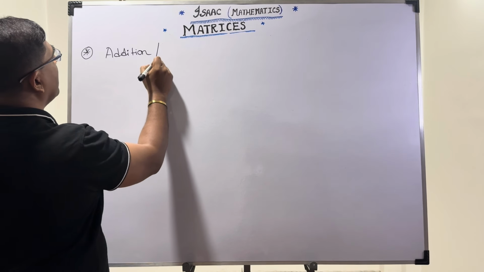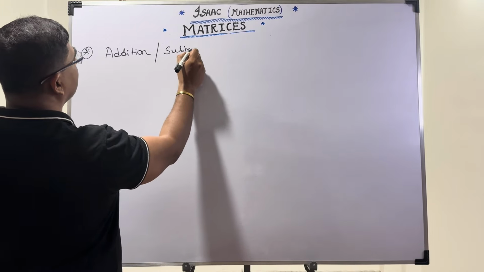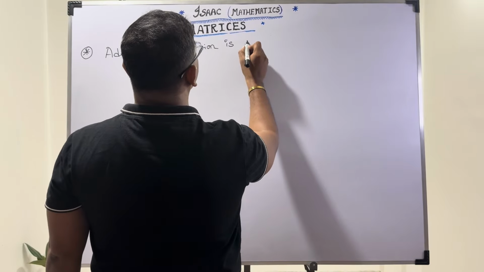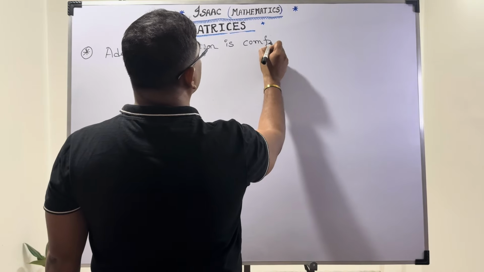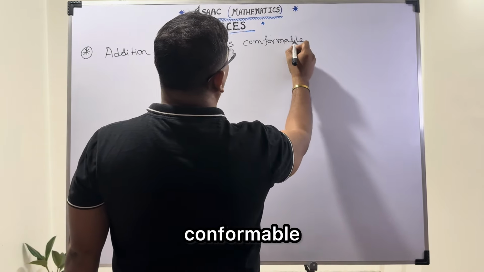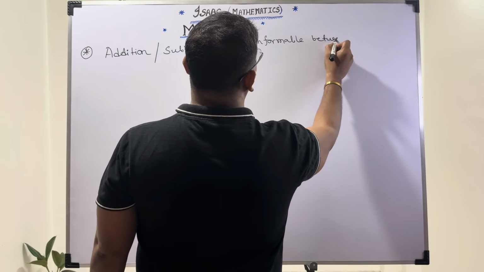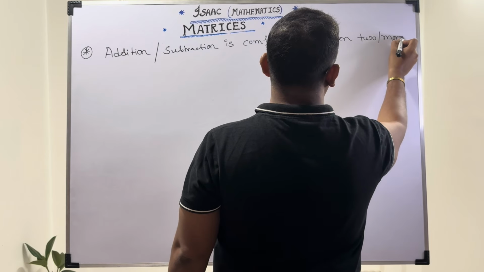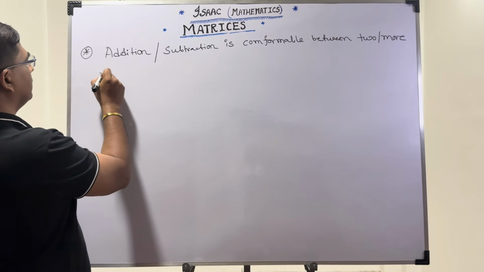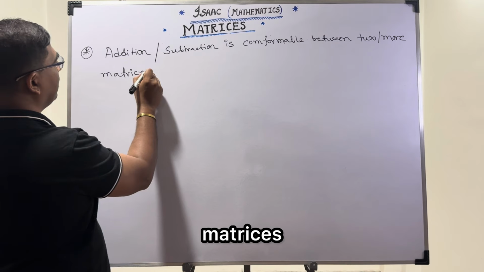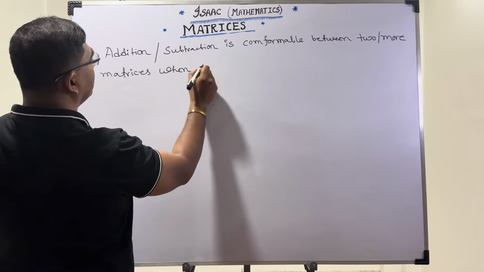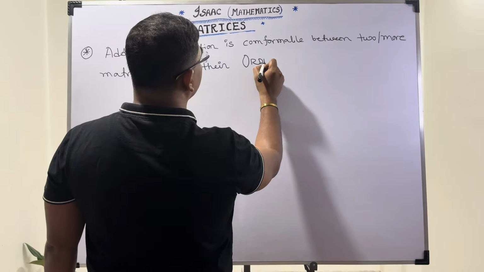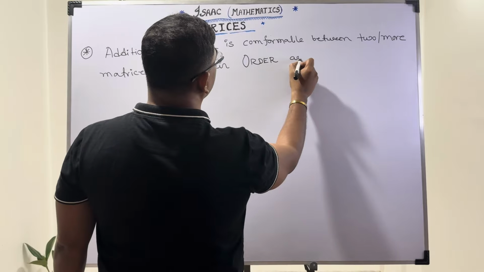Addition or subtraction is conformable between two or more matrices when their order is equal.